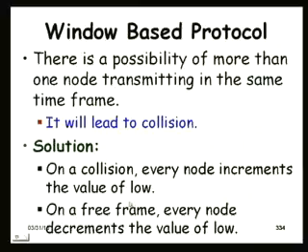And on a free frame, if nobody is transmitting, then the low value will be decremented, because there are no higher priority messages. Maybe some lower priority messages might be waiting, we do not know, and each time there is a free frame, each node decrements the value of low. Of course, transmission of a low priority message will be preceded by a free frame, but that is the inefficiency of the protocol.